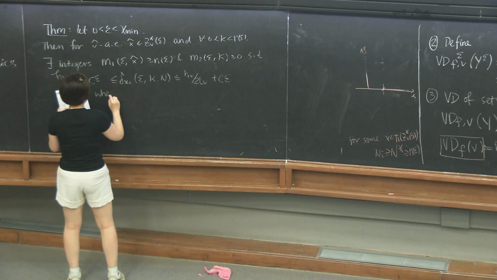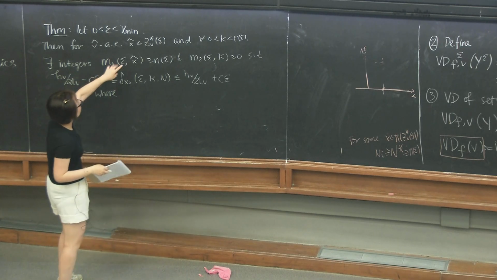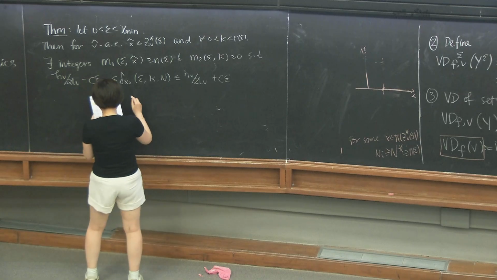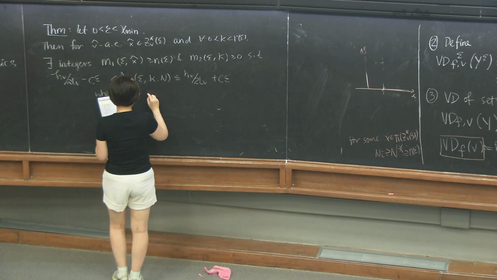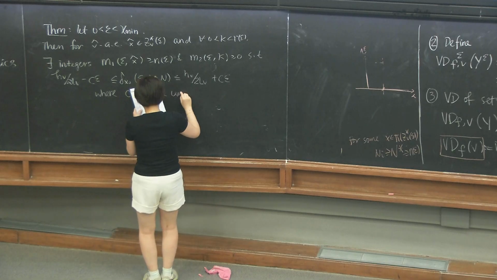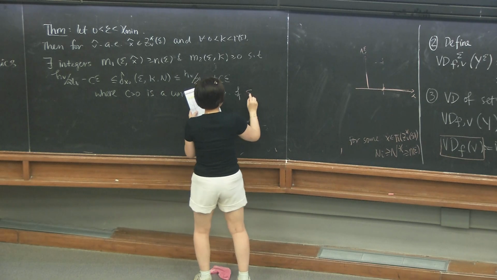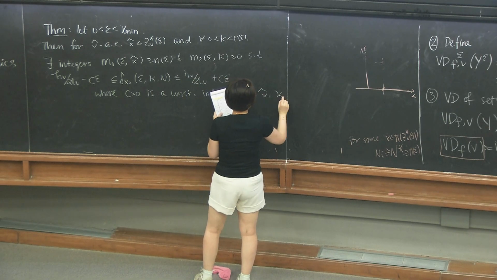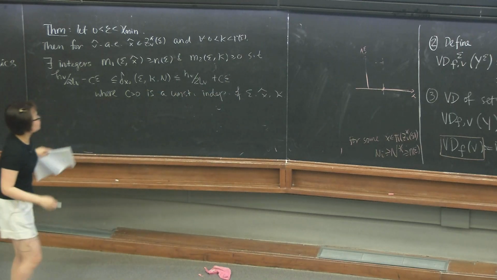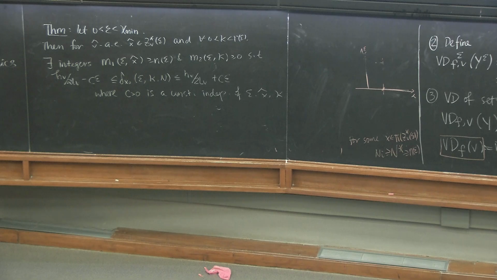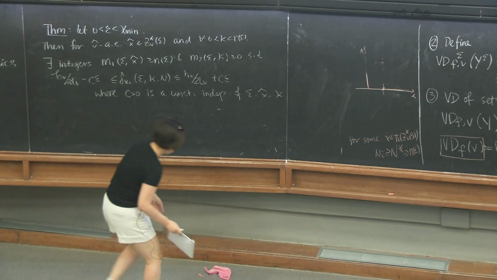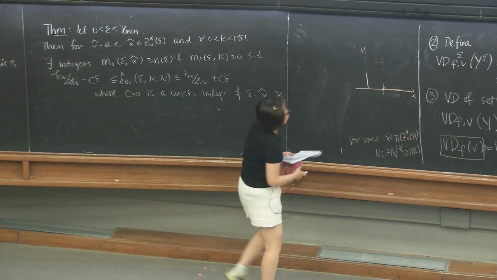Here C greater than 0 is a constant independent of epsilon, x hat and kappa. As you can see, if you take epsilon going to 0, then you get exact dimensionality.